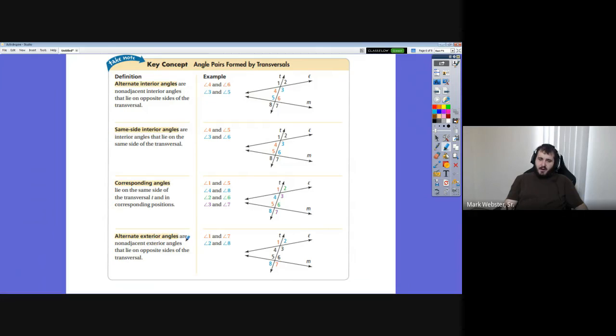Alternate exterior angles are angles that are on the exterior, just on opposite sides. So these, like what they give you here, angle 1 and angle 7, like that, yeah?